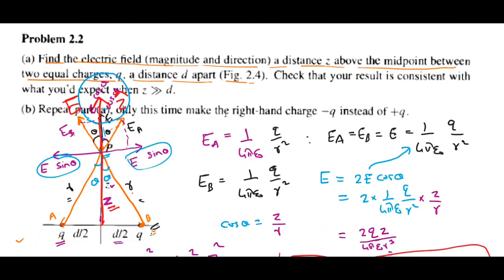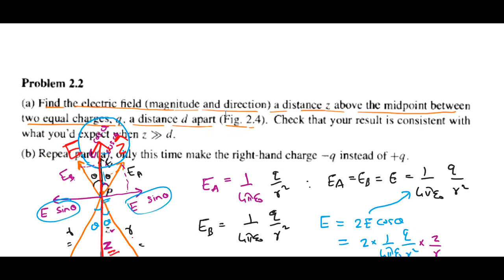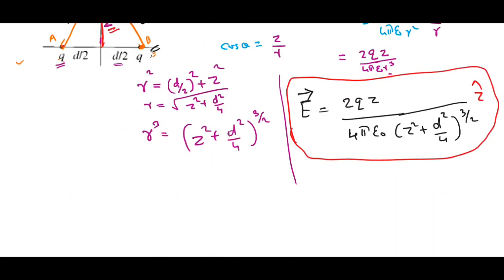Now, what else was asked in the question? That is for z very much greater than d. In this picture, this is the z axis, and z is very much greater than d, where d is the separation between the two charges.